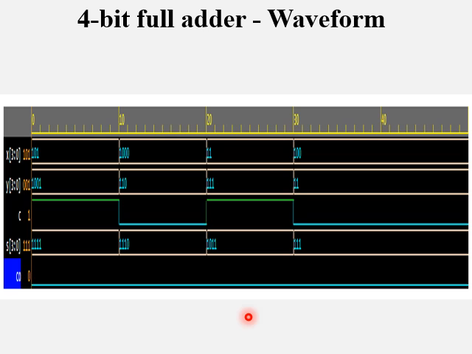Now, as I've told you, for a 4-bit full adder, it is not possible to give all possible test vectors, that is 2 power 9 combinations. That's why here we have taken randomly two different values for x and y and verified the functionality. So depending on the design-specific circuit, the input test vectors have to be applied.